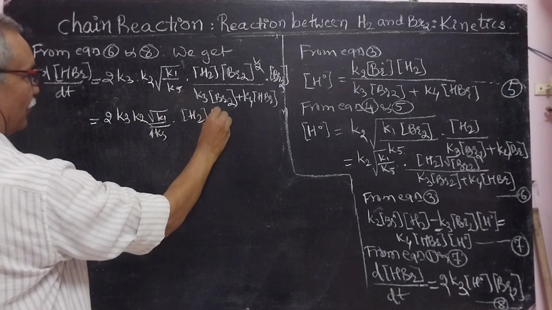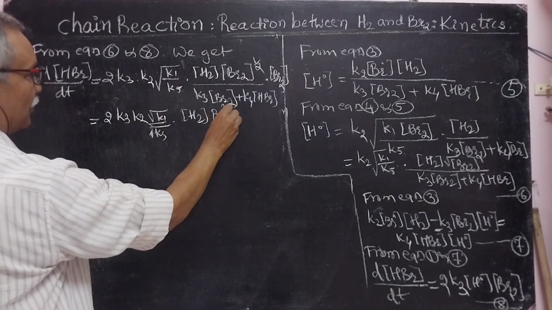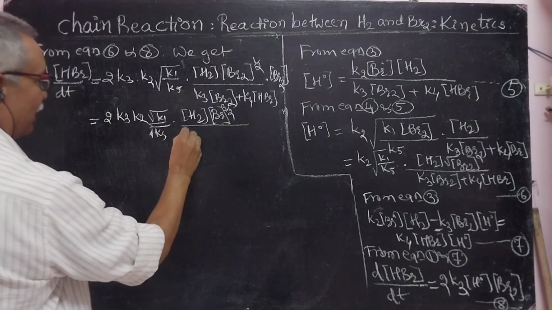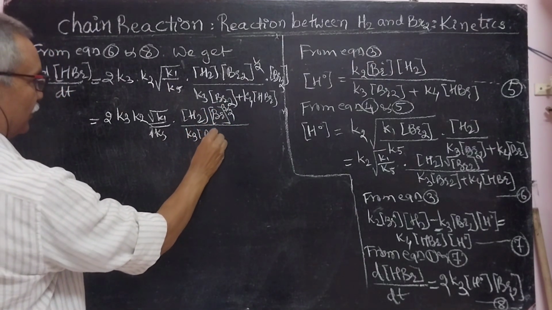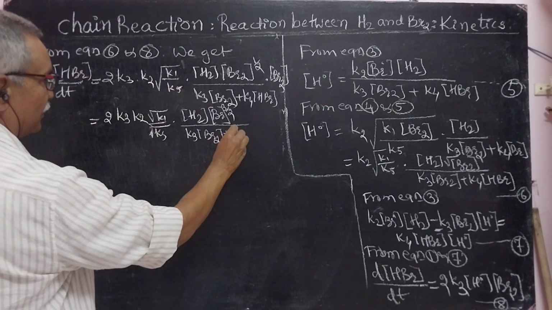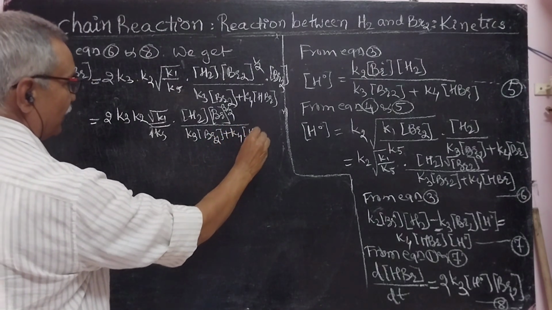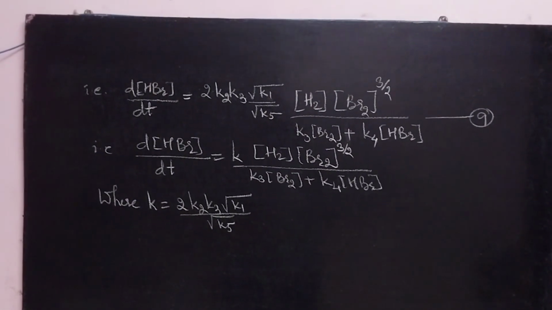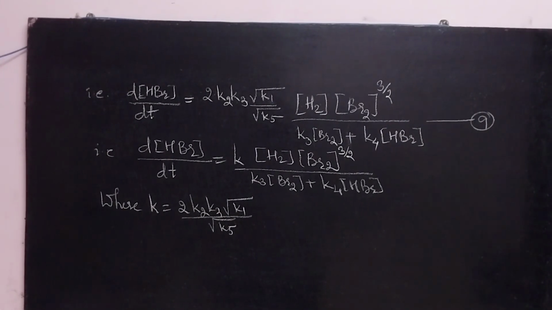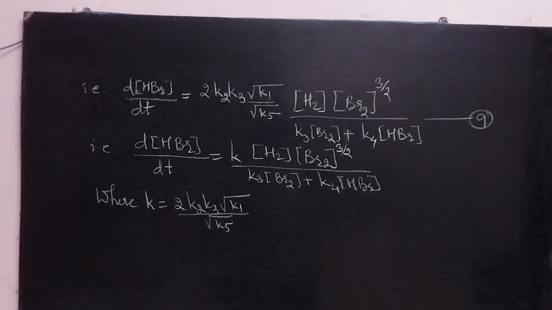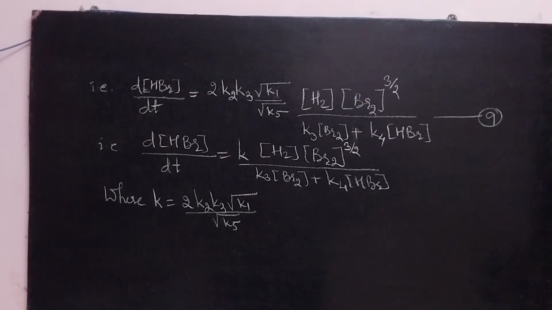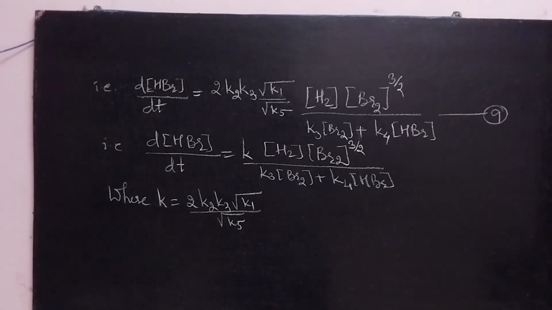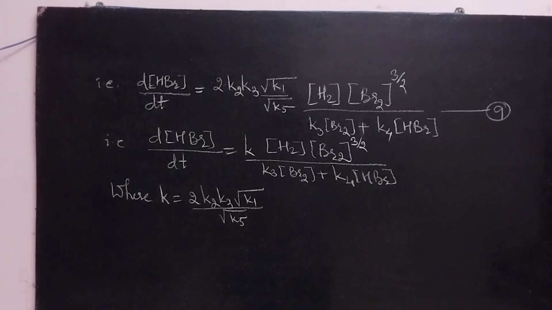Br2 means 1, so Br2 raised to 3 by 2, divided by K3 Br2 plus K4 HBr. It may be written as dHBr divided by dt equal to 2 K2 K3 root K1 divided by root K5 into the concentration of H2 into the concentration of Br2 raised to 3 by 2 divided by K3 Br2 plus K4 HBr.